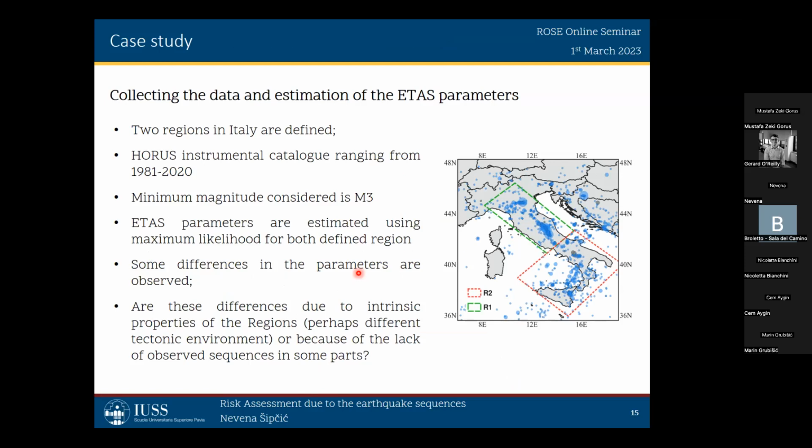We estimated the ETAS parameters using this data and the maximum likelihood approach, and we obtained parameters in both of these regions. We noticed that there are some differences in the parameters, so we got a different set of parameters in these two regions. And our question was, are these differences due to the intrinsic properties of these regions, perhaps because there is a different tectonic environment, or because we have a lack of observed sequences in some parts of Italy?